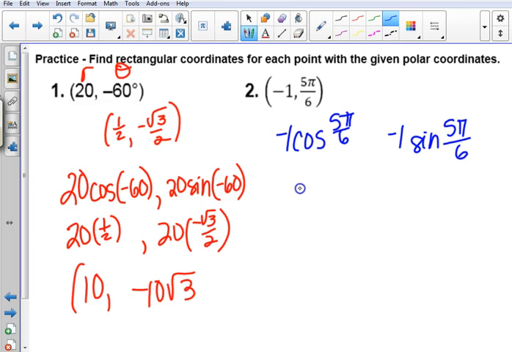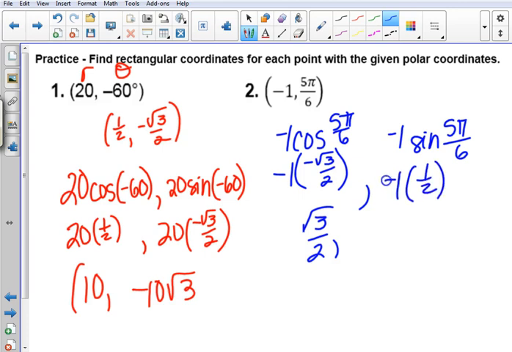Cosine of 5 pi over 6 is negative square root of 3 over 2, so we multiplied it by that negative 1 out front. We'd get positive square root of 3 over 2. Everybody good? Over here, 5 pi over 6, the sine is 1/2, right? So we'd get negative 1/2.